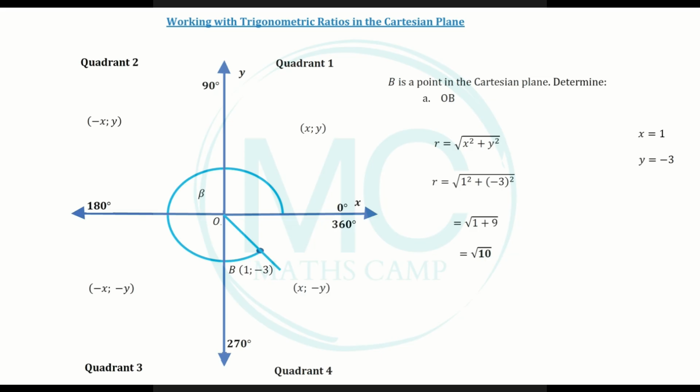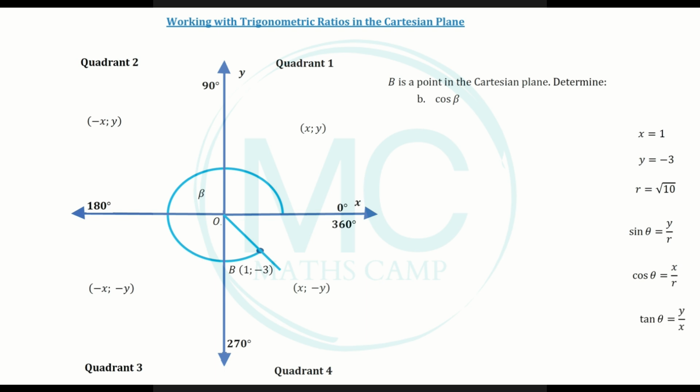Remember that it doesn't matter which quadrant the terminal arm lies in. R will always be positive. So let's make a note of R up here, tidy this up, and now we can move on to part B. Determine the value of cos beta. We know that sine theta is equal to y over r, cos theta is equal to x over r, and tan theta is equal to y over x.